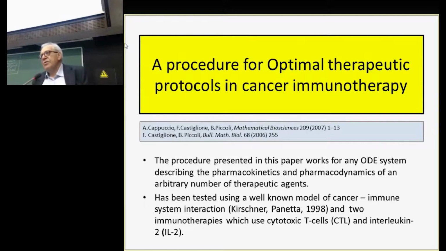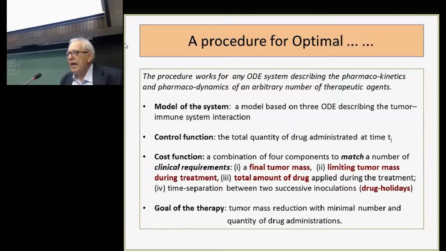And they consider two types of treatments. Immunotherapies, two immunotherapies using cytotoxic T cells and interleukin 2. Again, what they use is a model of the system and a control function. The nice thing about this paper is that usually with the control function, they consider continuous functions.